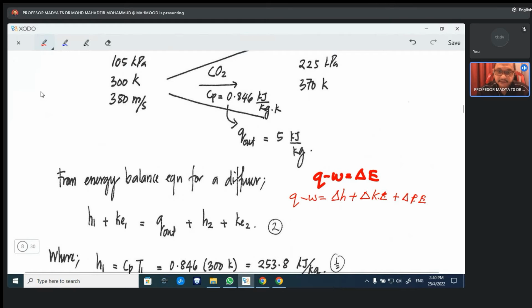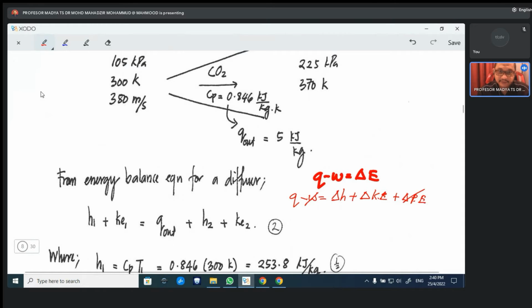So in this case of the diffuser, we have to ignore work because there is no work in the diffuser, and we also neglect potential energy.